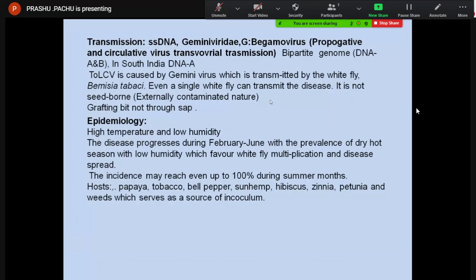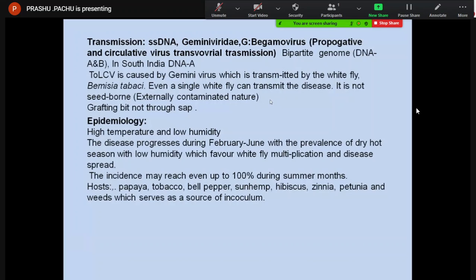Then use of biocontrol, fungal biocontrol agents for managing sucking pests. We can use Beauveria and Lecanicillium as very good agents for managing sucking pests. Then use of resistant varieties like Avinash, Mrutyunjaya, Arka Ananya, Vaibhav against tomato leaf curl virus disease.